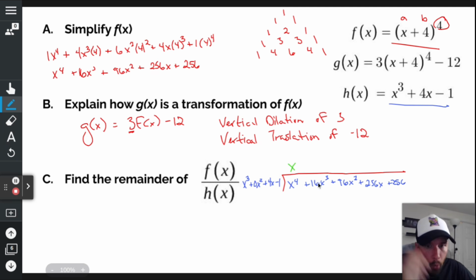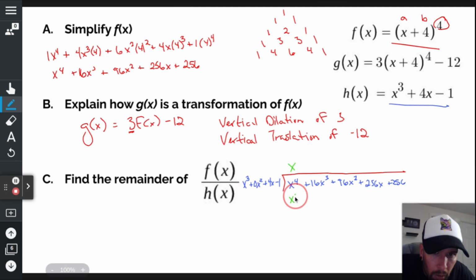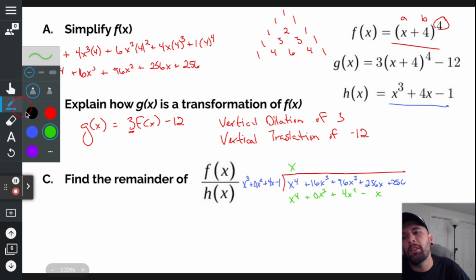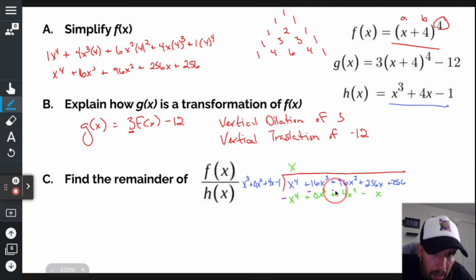Multiply that x to all 4 of those things, so you get x to the fourth plus 0x cubed plus 4x squared minus x. Flip the signs of everything.